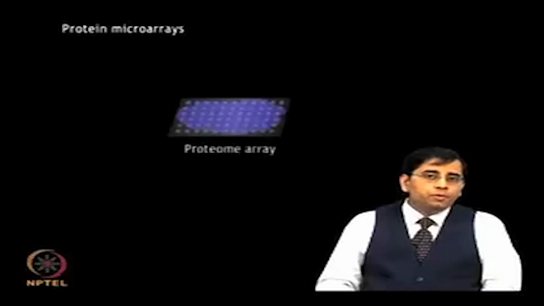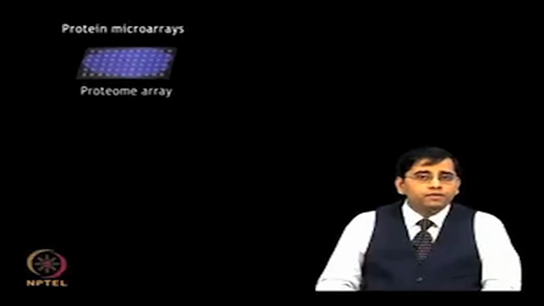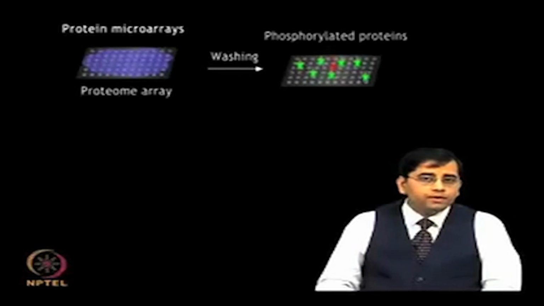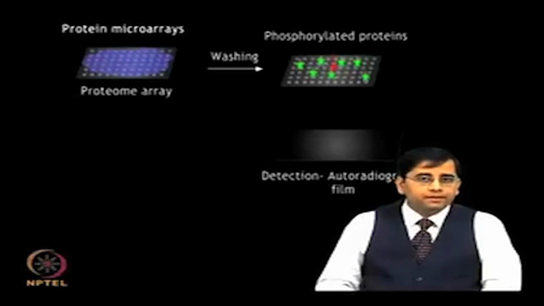After sufficient incubation, excess unbound ATP and enzyme are washed off the array surface. Detection is carried out by means of autoradiography, wherein a photographic film is placed in contact with the array surface.